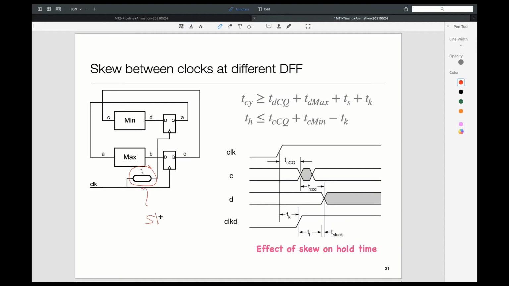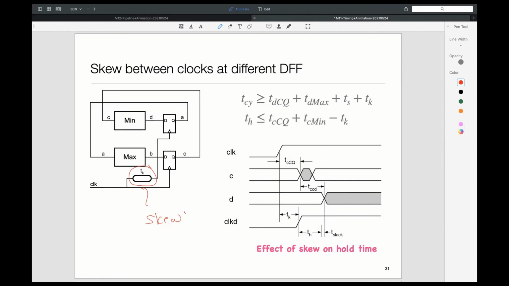We are basically saying that on the path from the clock source to the upper flip-flop, there is some delay. So the clock on the upper one reaches TK after it reaches the bottom one. You can think of TK as a signed number. If the bottom one sees the clock later, then TK is just negative. It's relative, is all that matters here.